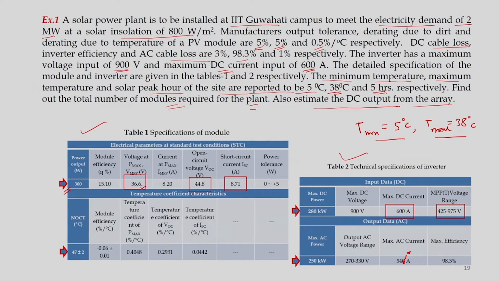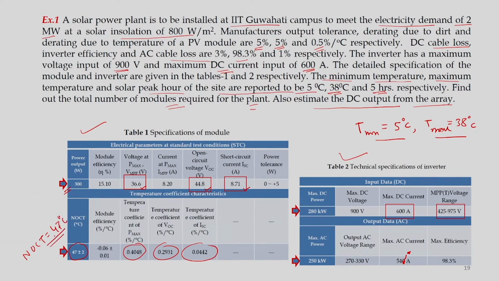These values are going to be used, and open circuit voltage is 48.8, short circuit current is 8.71, right, and these values are also required. NOCT is 47, so in our case we will use NOCT as 47 degrees Celsius.